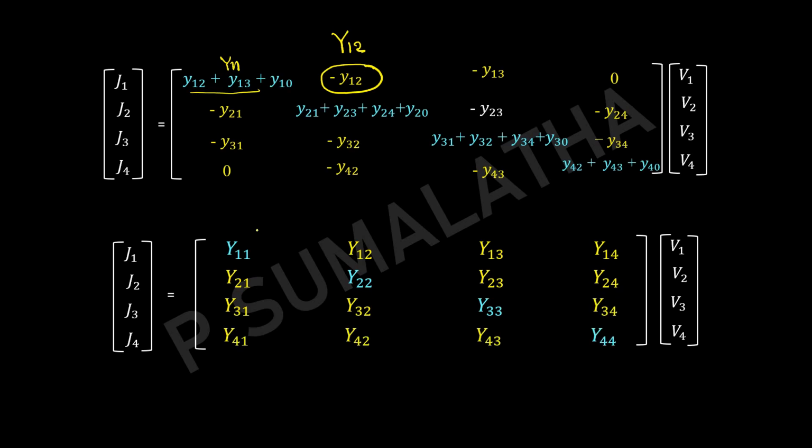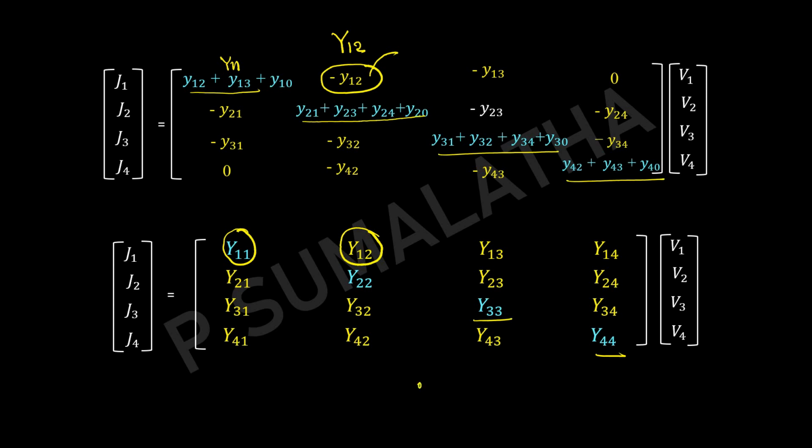Now the value of Y11 is equal to Y12 plus Y13 plus Y10. And Y22 is equal to Y21 plus Y23 plus Y24 plus Y20, and similarly for Y33 and Y44. What are the values of the off-diagonal elements? Always the off-diagonal element value will be the negative of the admittance connected between the respective nodes.